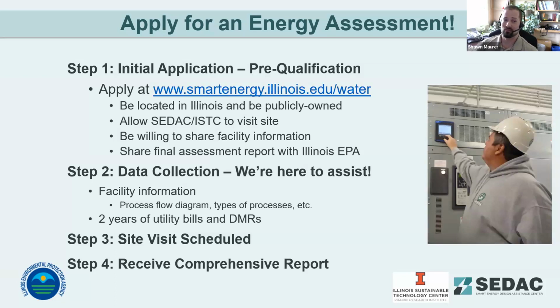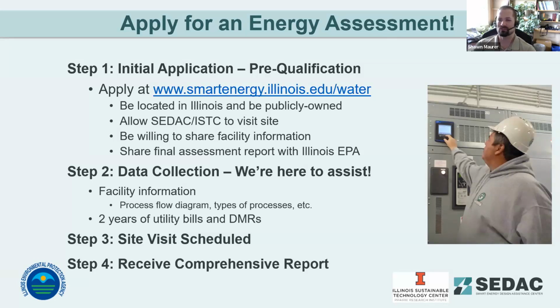And the final assessment report is shared with the Illinois EPA Energy Office. It's a non-regulatory office, so you don't have to worry about any kind of regulatory backlash from sharing a report. I know that's a concern with some people, but it's just there to help document the effectiveness of our program.